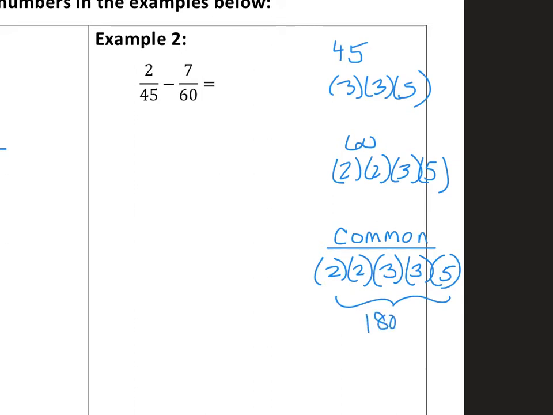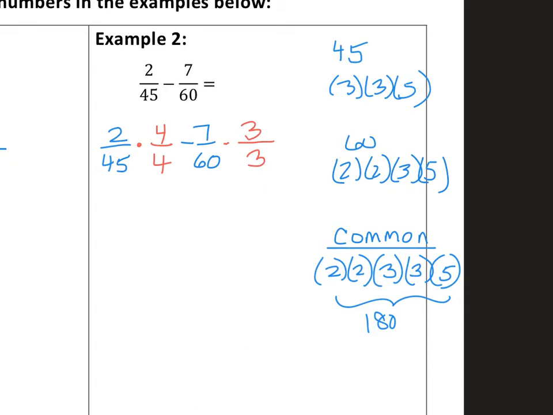Okay, so I'm going to rewrite 2/45ths in 180ths. The pieces that I'm missing in 45 would be these two 2s here. And so I'm going to multiply this by 4/4. And to rewrite 7/60ths in 180ths, I'm going to multiply that by 3/3.